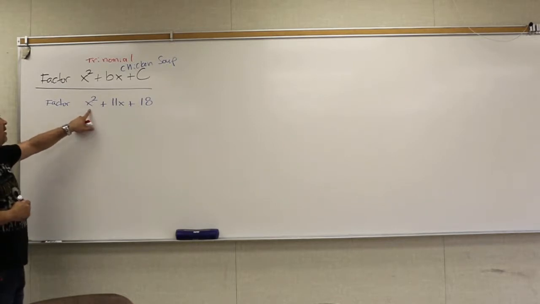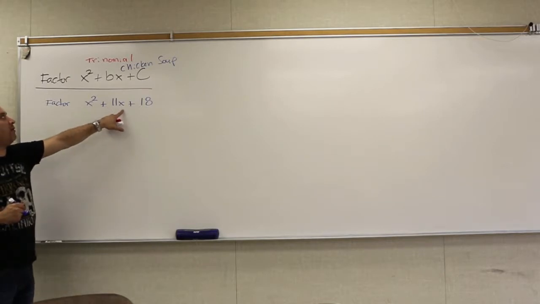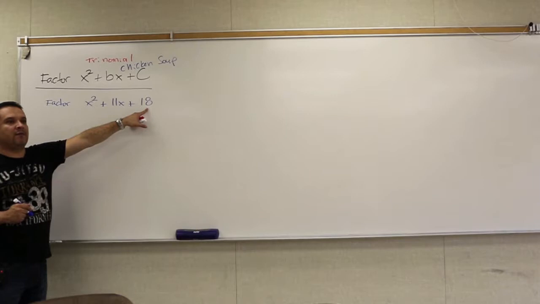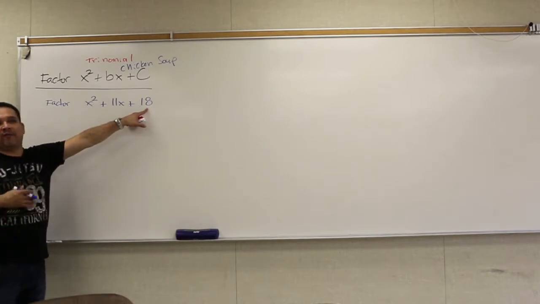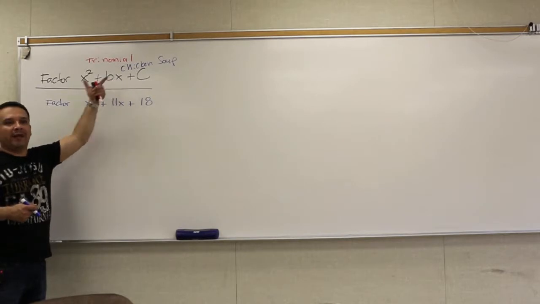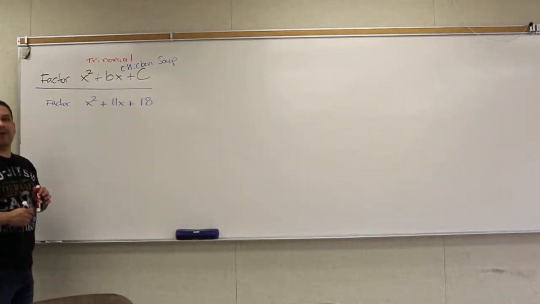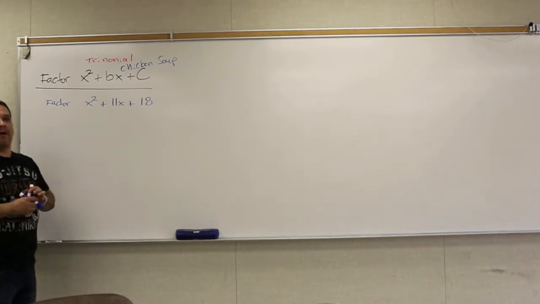Because this is x squared, see that there, plus what? A bx value, in other words, a power of 2, now a power of 1, and then a constant. Just looking at this, we identify that this is what we call chicken soup, I guess. Okay? So x squared plus 11x plus 18. All right, you guys okay with this? This is an example here.